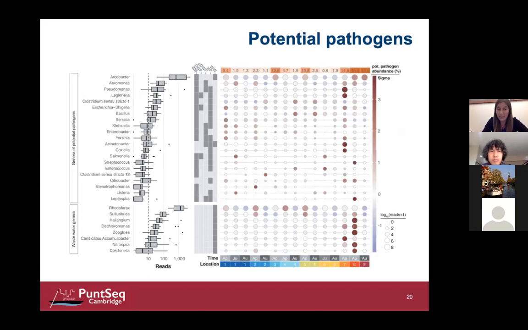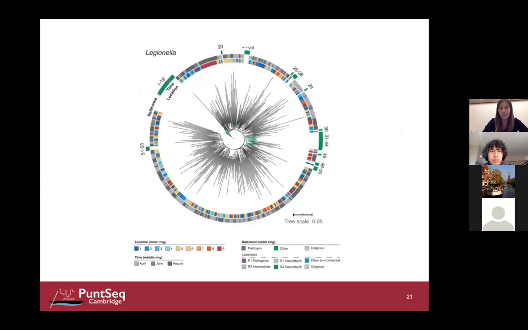So this we now did on a per genus level. I'm showing here an example of Legionella. We would get all our sequences that were assigned to Legionella and pool them together with database sequences from Legionella, both pathogenic Legionella species and strains, as well as so-called saprophytic Legionella strains.